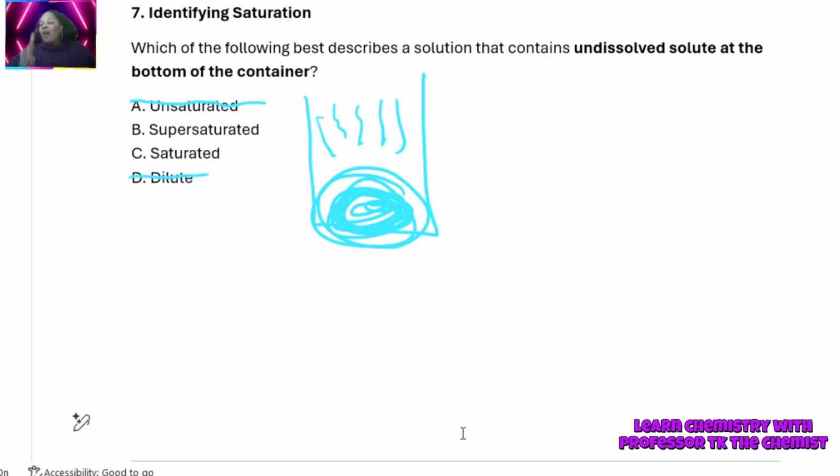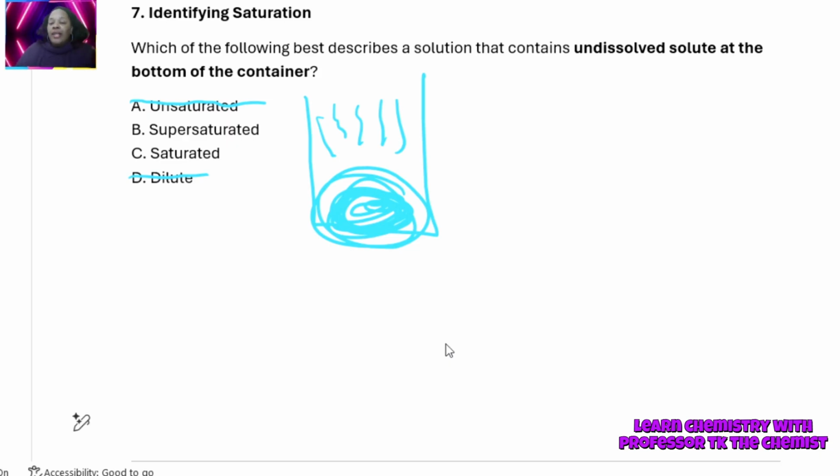The extra solute will not dissolve, and you might see some undissolved solute settling at the bottom of the container. But a supersaturated solution contains more solute than normally allowed at any temperature. Here are some key signs that the solution is supersaturated: crystallization forms.